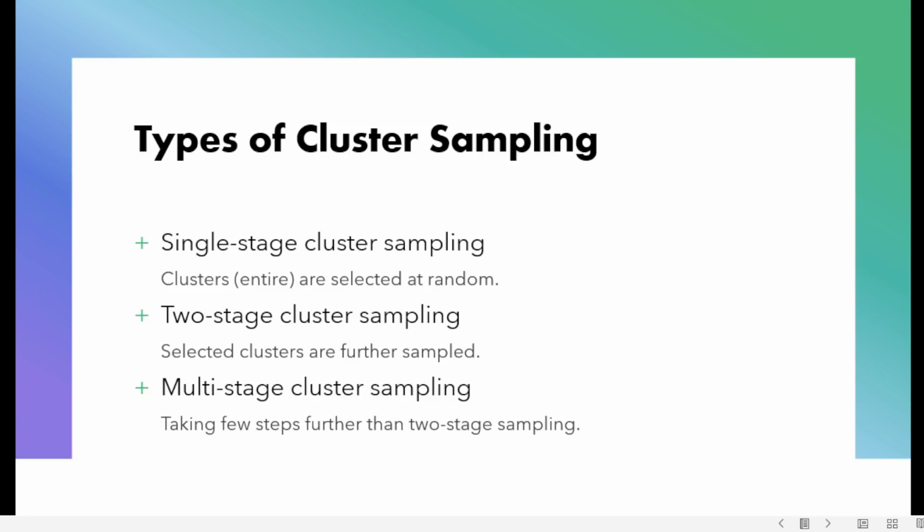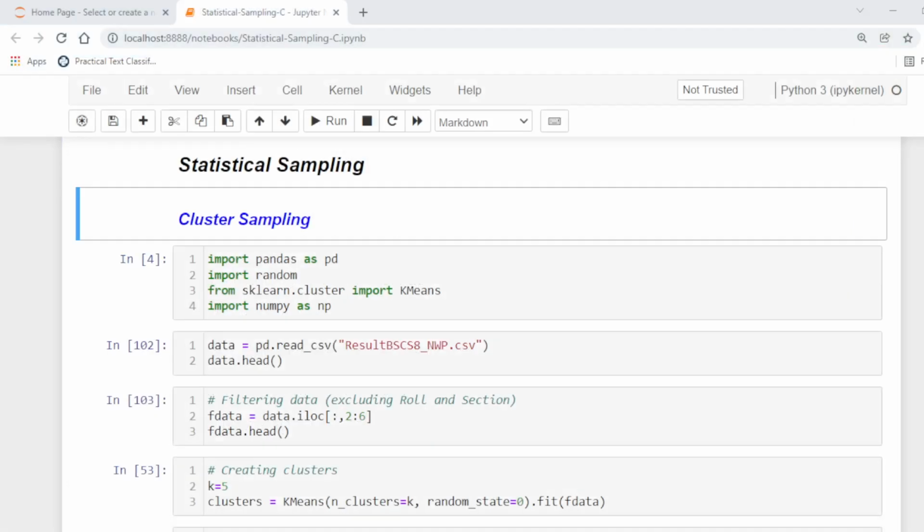In multi-stage cluster sampling, we take a few steps further than two-stage sampling, in which we resample the selected clusters, and in this way we can extend the two-stage sampling technique to multi-stage.